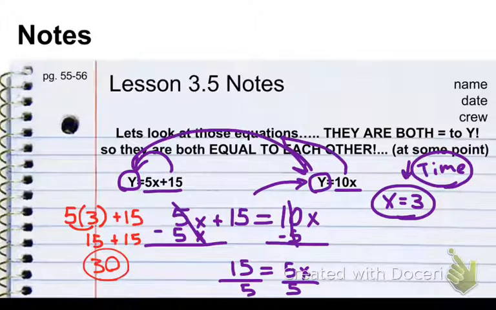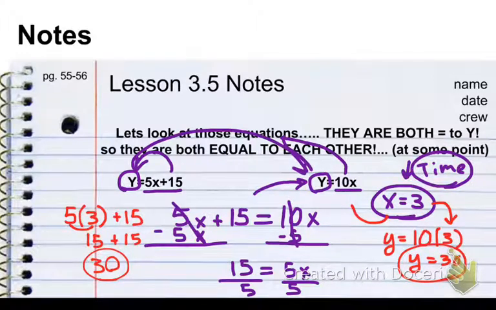And then if I set this one here, y equals 10 times 3, which is what we say it's going to be, I get y equals 30. So, sure enough, at 3 seconds and 30 feet, we will meet. Our lines will intersect.